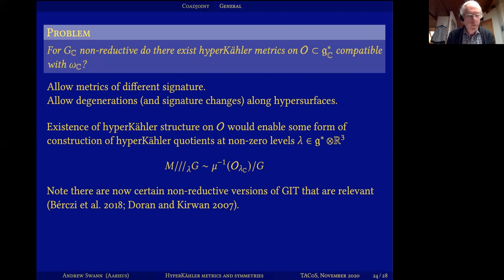And well, for the compact G, we have the constructions of the previous slide, so we can do that. For non-compact G, then we don't have an answer at all to the problem above. So we don't know whether we can do this.